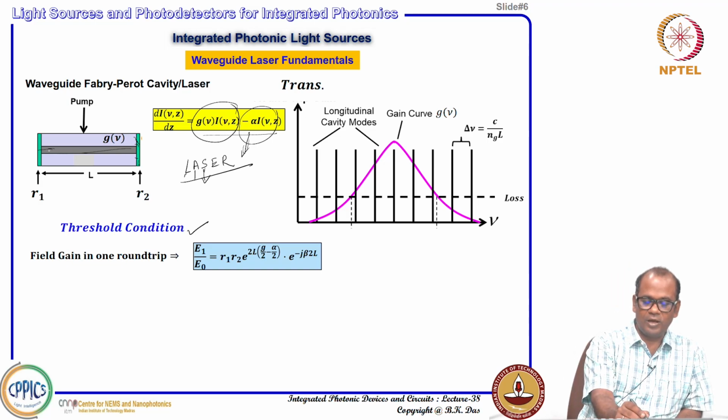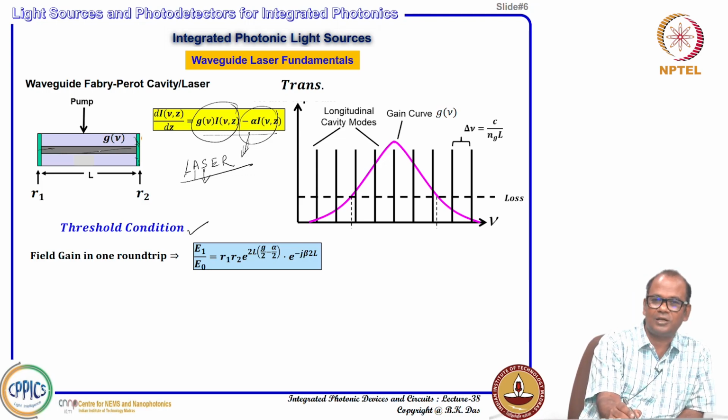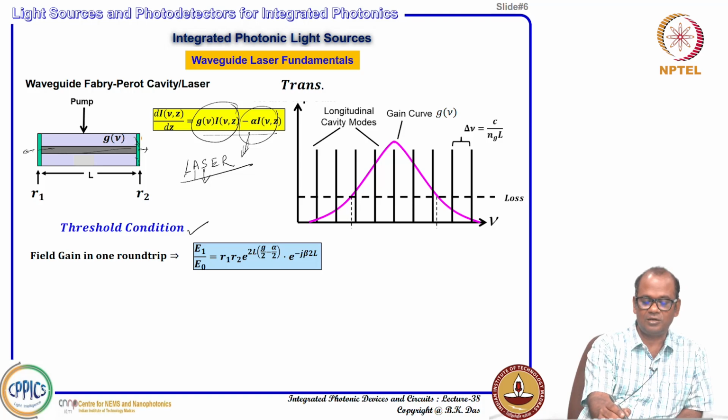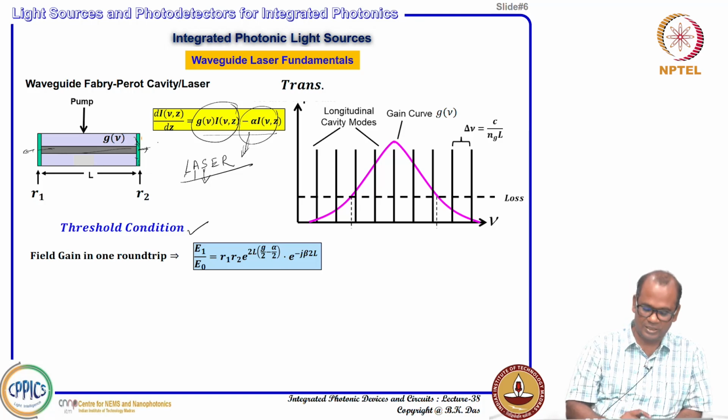That means when it is propagating it is getting gain, everything fine, but when reaching the mirror, it will not be entirely reflected; part of it is reflected and some of it will be lost. So every round trip, a little bit is lost on this side and a little bit on this side, you can imagine it like that.